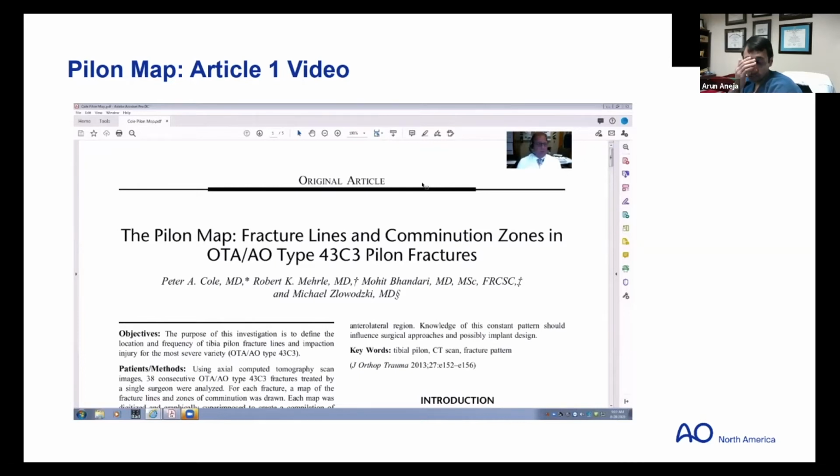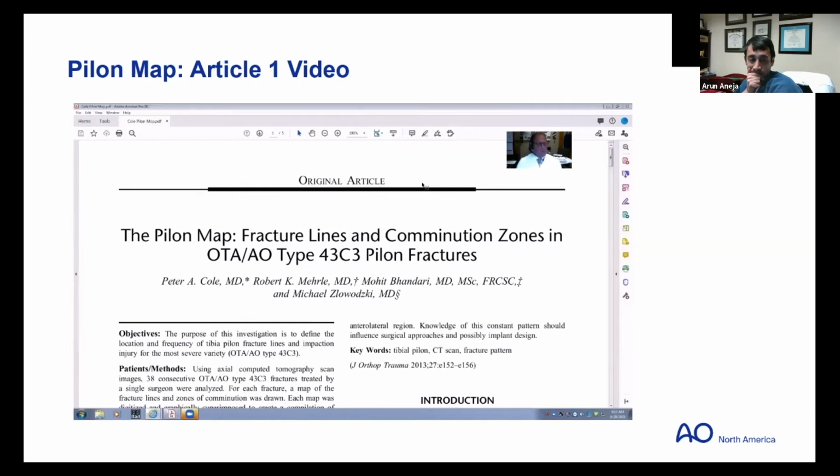It started with my assessment of current implant designs for tibia Pilon fractures and thinking, no, this just doesn't seem right. I don't think the screw vectors are right, the location of the plate, and so on.